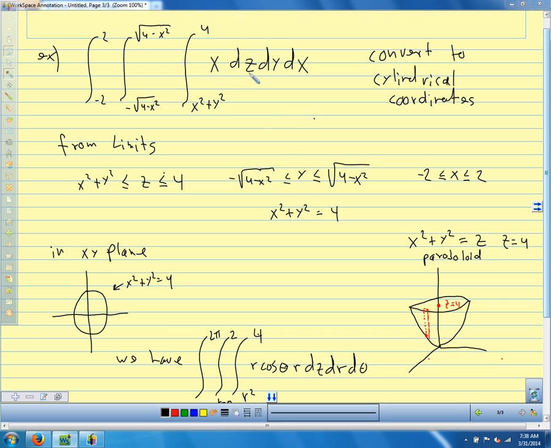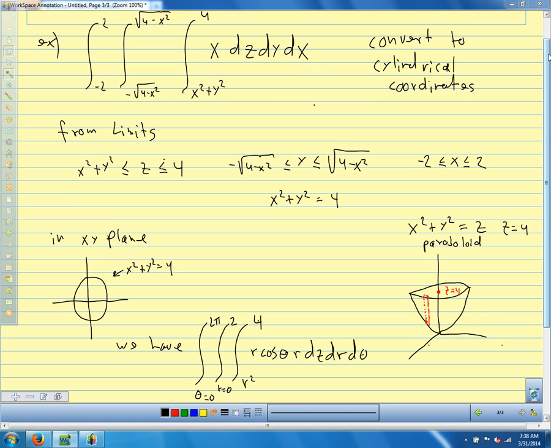So we're taking our volume element and we're weighting it by the distance x. Distance x is the distance from what thing? Not an axis, but from the plane. Which plane? X is the distance from the yz plane.